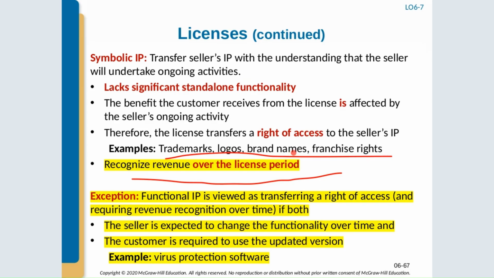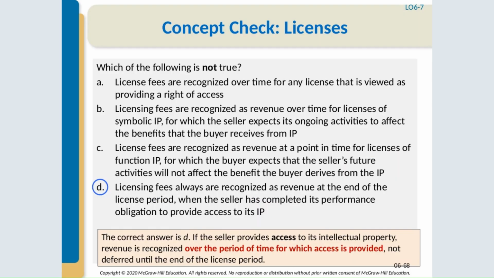So if you have a license for McDonald's, for example, and you're using their brand name and their trademark, then in the agreement, it says how long the license is going to last, and that's how you recognize the revenue, right? Okay.